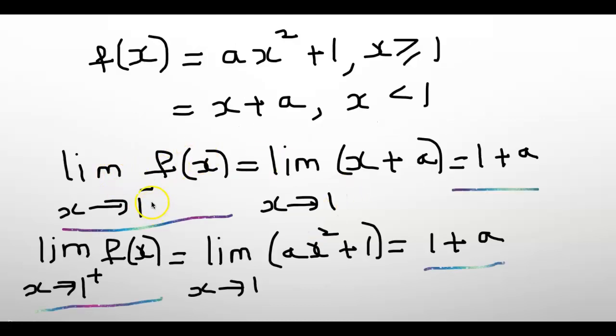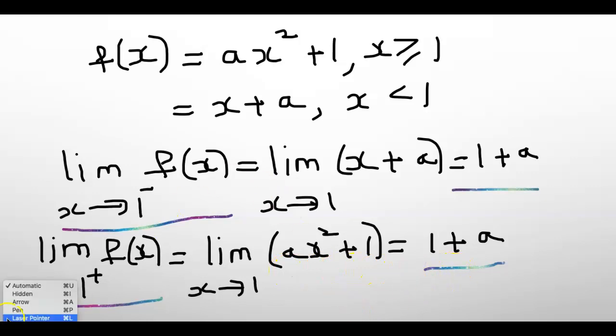So the limit as x tends to 1 to the left of f(x), 1 to the left means x less than 1, will be the limit as x tends to 1 of x plus a, that is 1 plus a. And the limit as x tends to 1 to the right of f(x), where f(x) is ax squared plus 1, will be the limit as x tends to 1 of ax squared plus 1, which is 1 plus a.